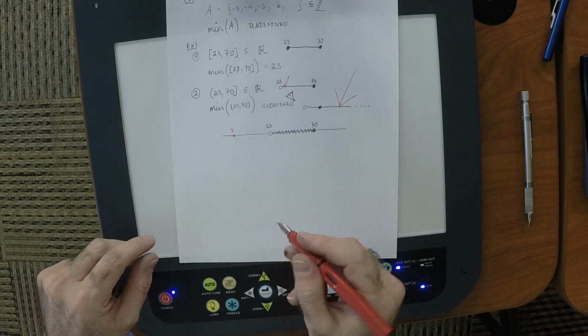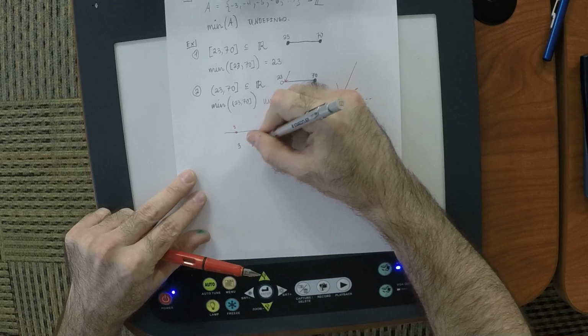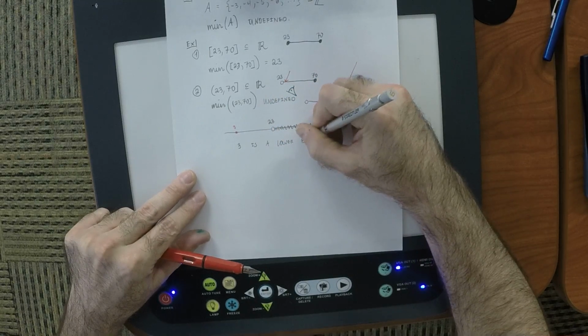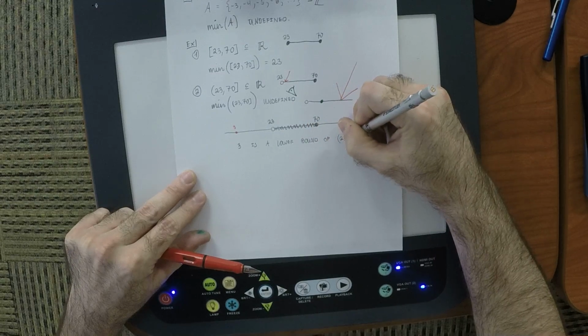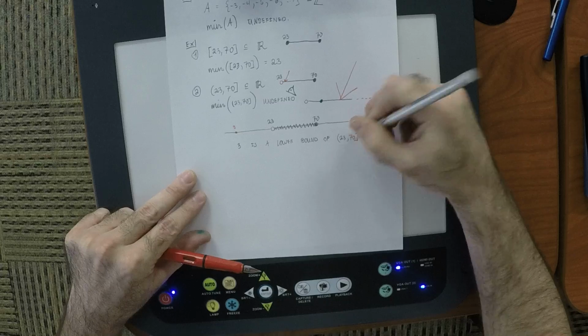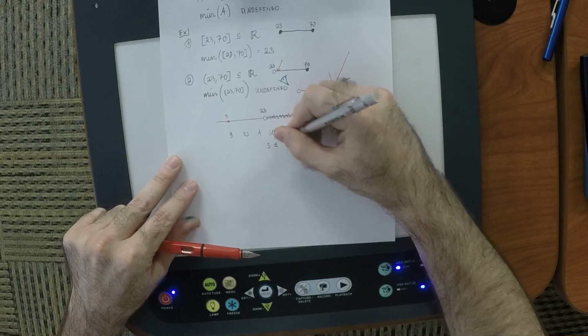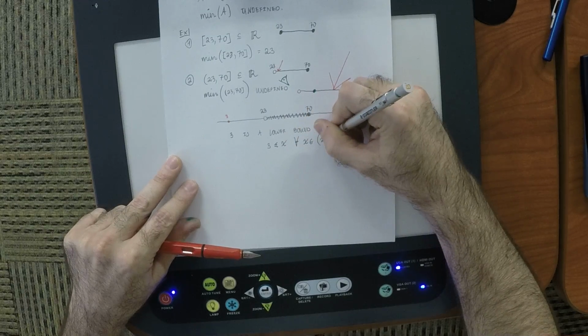Therefore, 3 is a lower bound of (23, 70). In the end, the reason why is that 3 is less or equal to x for all x in (23, 70).